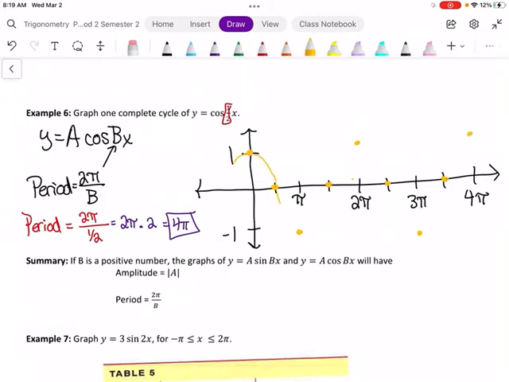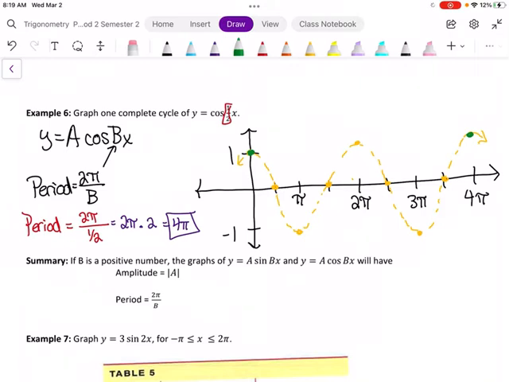And we'll notice between 0 and 4 pi, we are going to make 2 cycles, because it's twice as long as our normal period. So then we are going to be stretching our graph out, because we're only going to have one period between 0 and 4 pi.